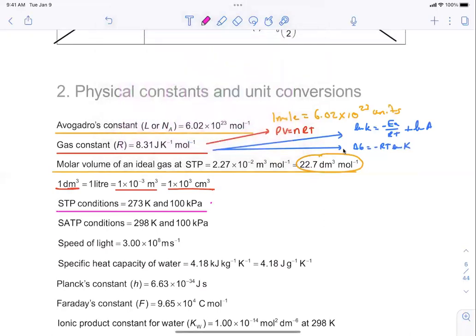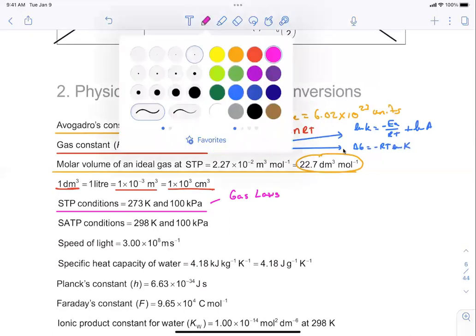STP is for gas laws. So if we're doing PV equals nRT, or even the smaller combined gas law and stuff like that, it's those conditions.